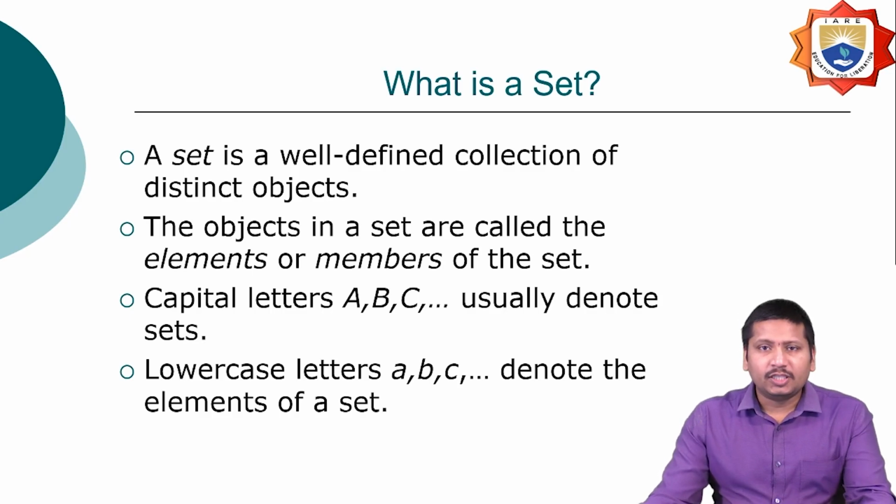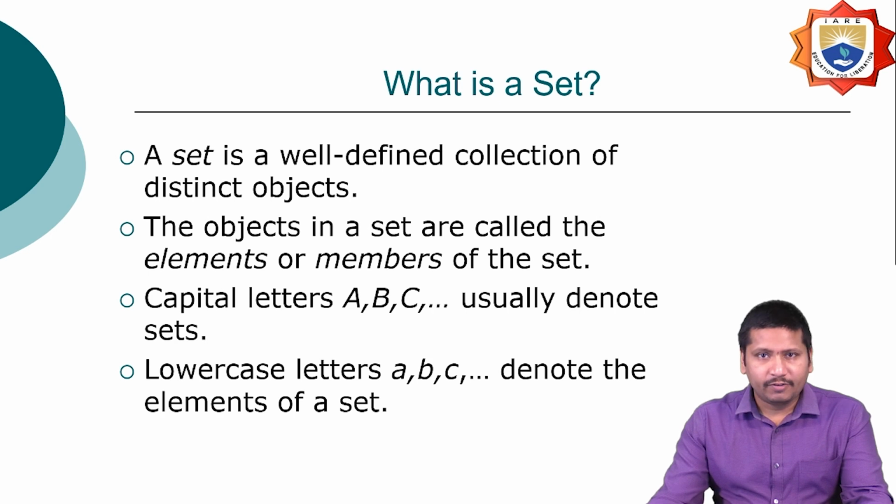So, what is a set actually? A set is nothing but a well-defined collection of objects or distinct objects, and the objects in the set are called elements or members of the set.